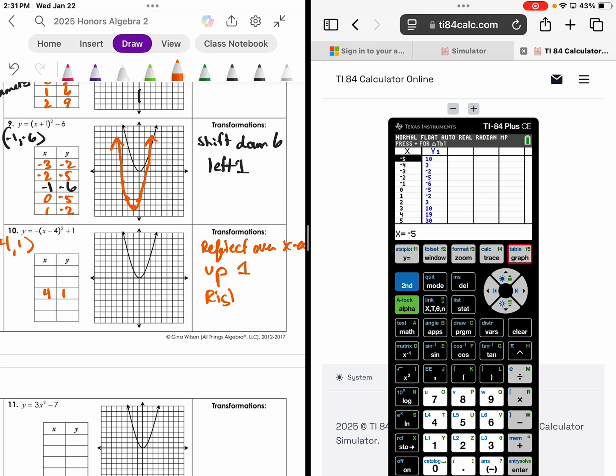It would be right 4, because it's a -4 on the inside, so it would be a right 4. That's what I'm anticipating. And then again, if we want to plot the vertex before even graphing it, we'd say, okay, if I go over 4 up 1, hey, yeah, that did go to the right, and that went up 1.